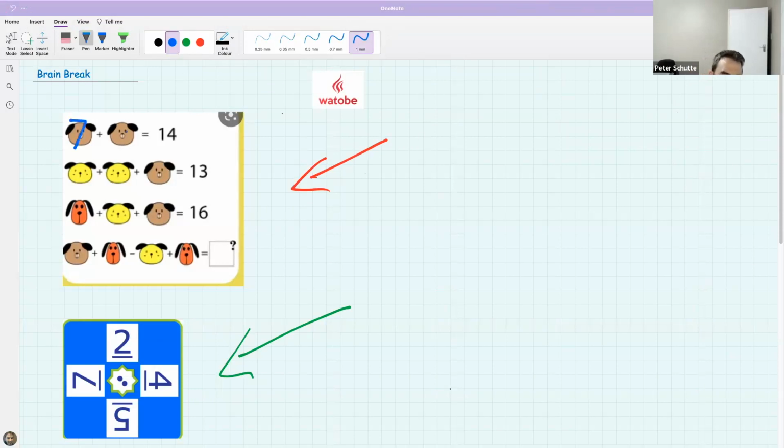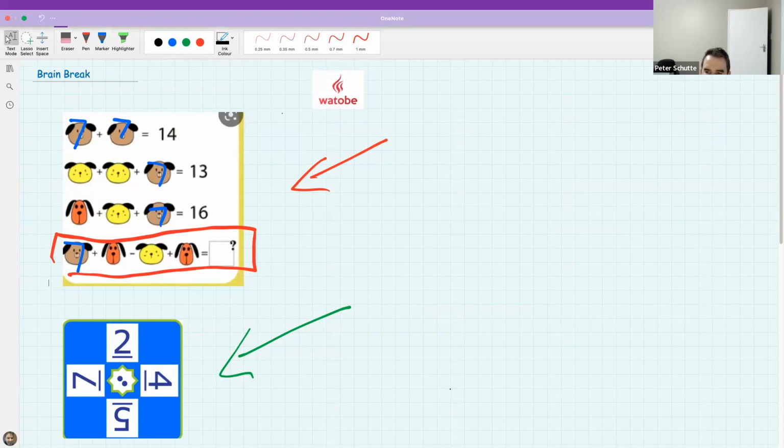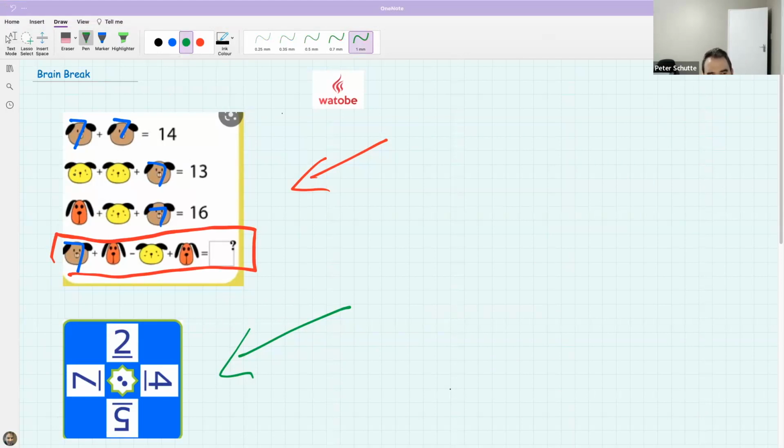It feels like that first dog has to be 7. I want to know, what is the final answer? A couple of answers are coming through. So I'm guessing this has to be 3 and 3 and 3 and 3, which means this has to be 6.